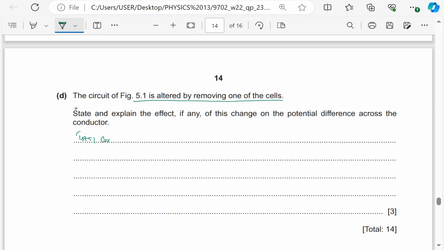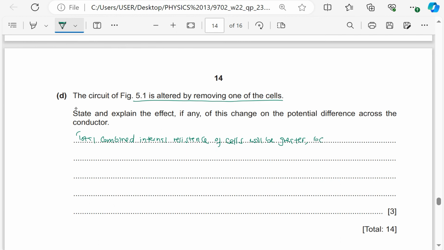Total combined internal resistance of the cells will be greater. That's number one.